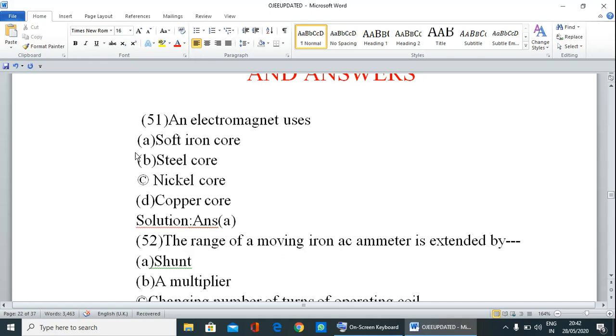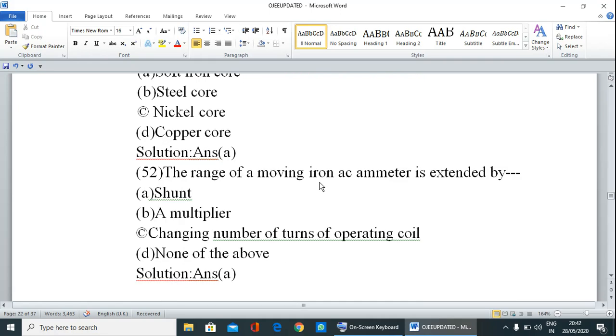Therefore, answer A is the correct answer, because in electrical engineering, paramagnetic and diamagnetic materials are rarely used, but ferromagnetic material is used for electromagnets.